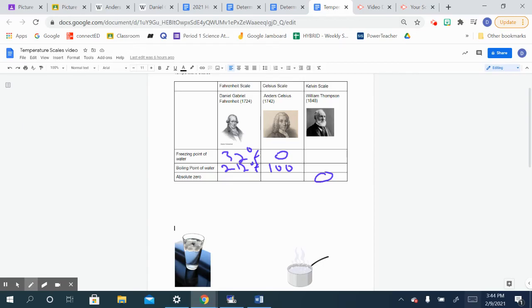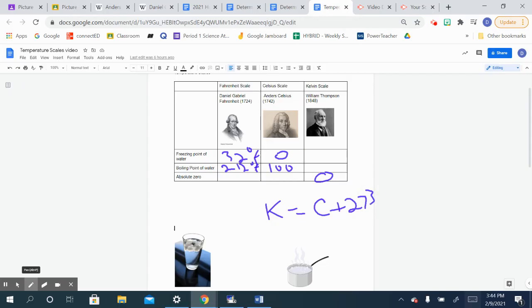But he liked the mathematical model of Celsius. So it turns out that in his new scale, to get the Kelvin value, all you need to do is take the Celsius value and add 273. All right, that's how it ended up working out when he made his scale.